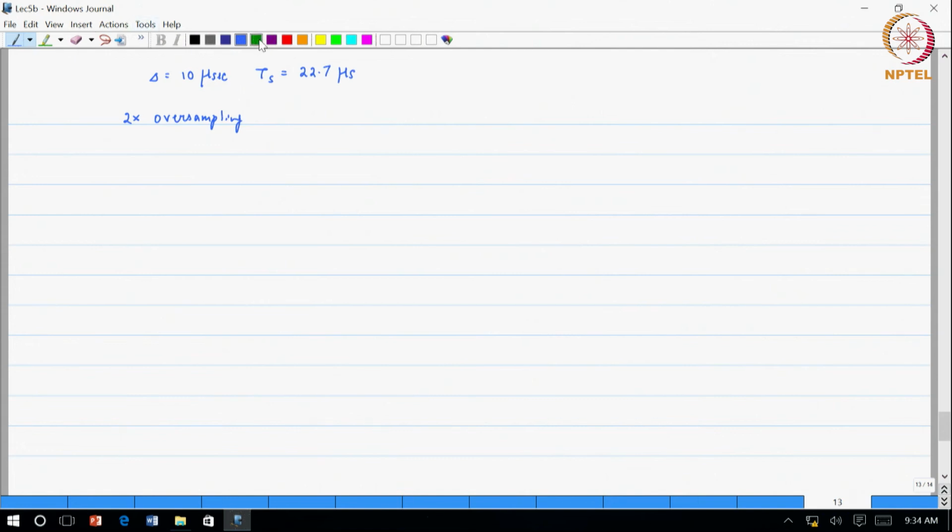So basically this is approximately equal to 0.44 TS. So if I now do 2x oversampling, that means I create, this is the original signal, this is a sample spacing of TS. I know how to increase the sampling rate. So I introduce a new sampling point here at TS by 2.